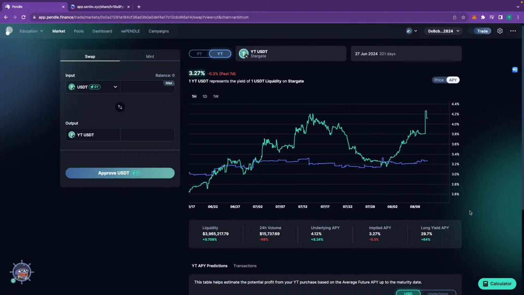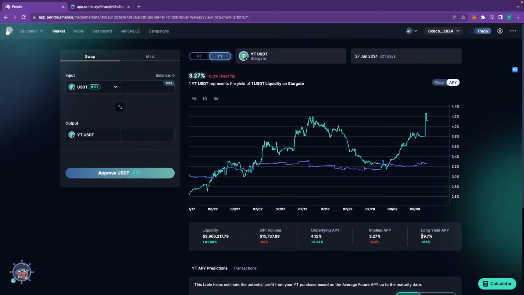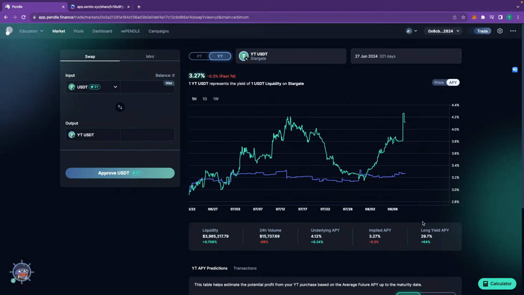So I would say this is a pretty good case for a stablecoin YT, to buy YT in this market, assuming that the underlying APY will be consistently higher than the current level, which is 3.2%.